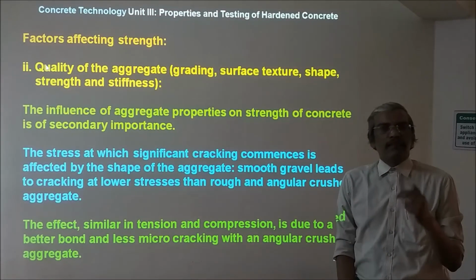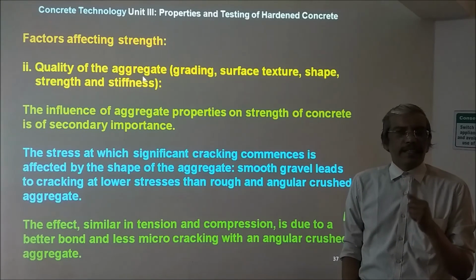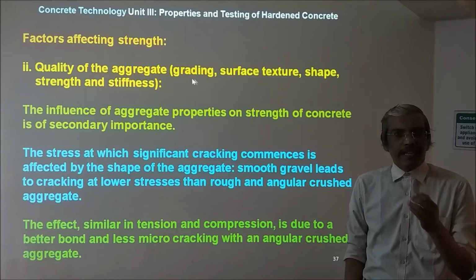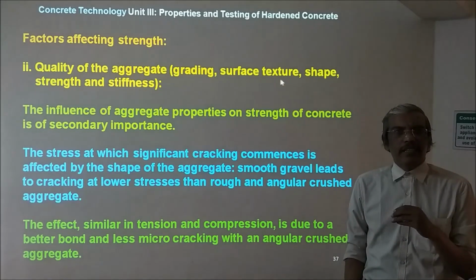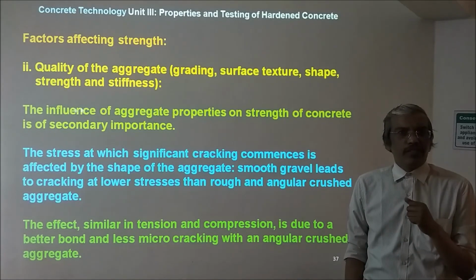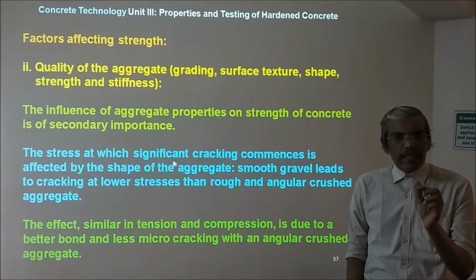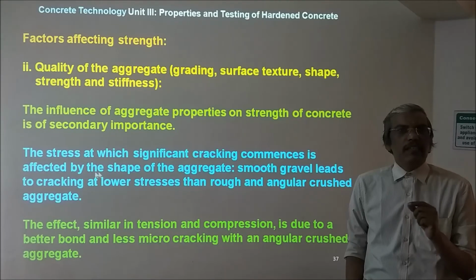The second factor affecting the strength of the concrete is the quality of the aggregate, which includes the grading, surface texture, shape, strength and the stiffness. The influence of aggregate properties on the strength of the concrete is of secondary importance. The stress at which significant cracking commences is affected by the shape of the aggregate.